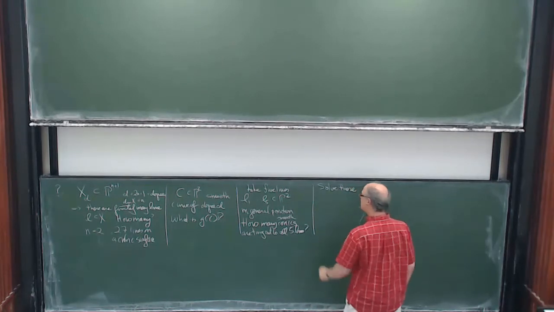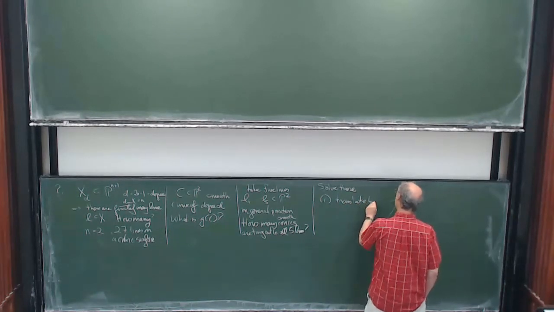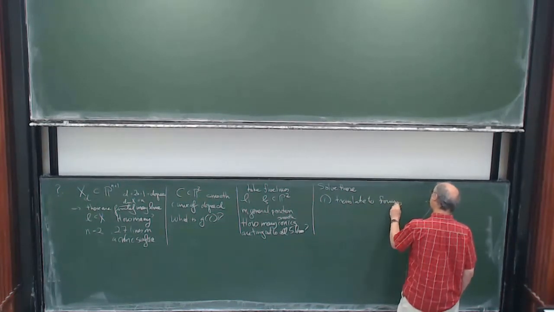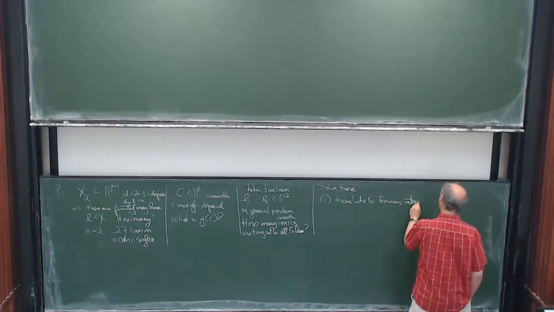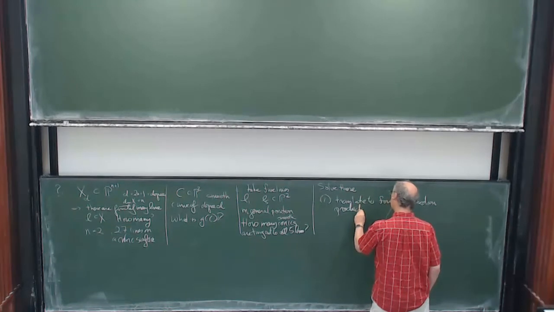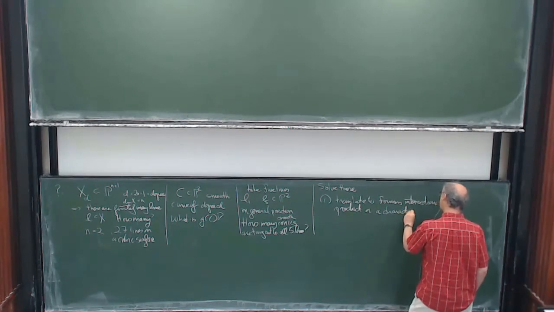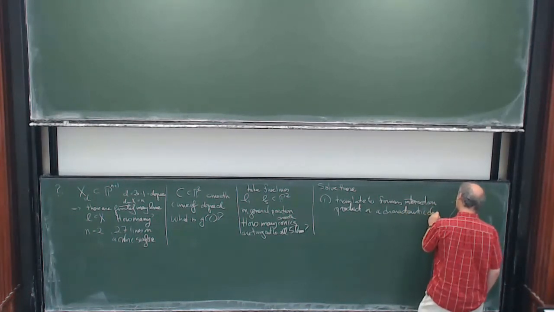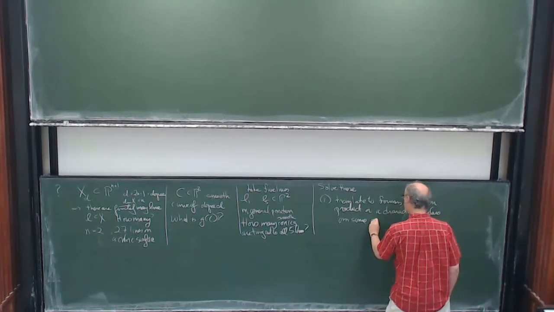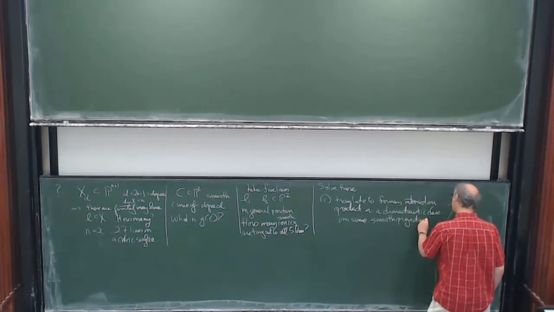in a sort of 3-step process. The first step is you translate to forming either an intersection product or some characteristic class on some, usually, smooth projective variety.